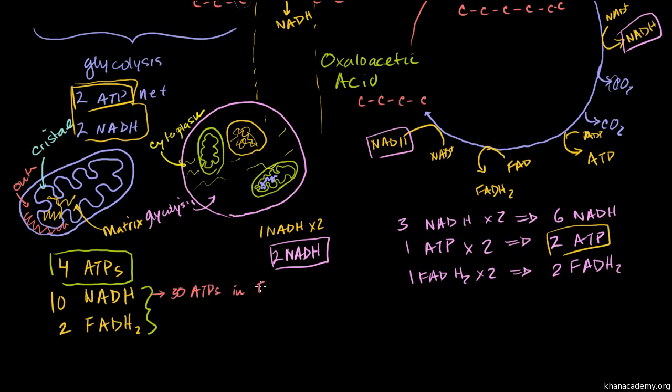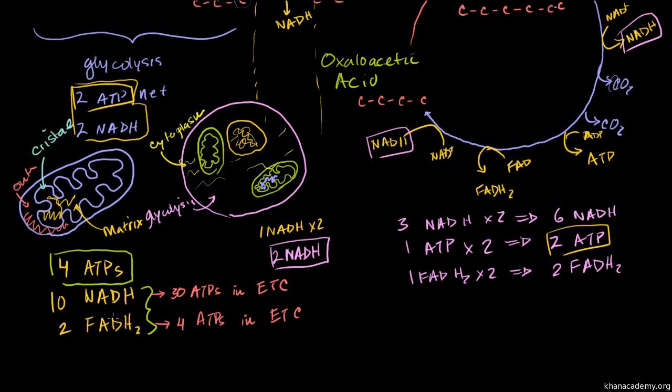And each FADH2, when it gets oxidized and turned back into FAD, will produce 2 ATPs. So 2 of them are going to produce 4 ATPs in the electron transport chain. So we now see we get 4 from just what we've done so far: glycolysis, the preparatory stage, and the Krebs or citric acid cycle.